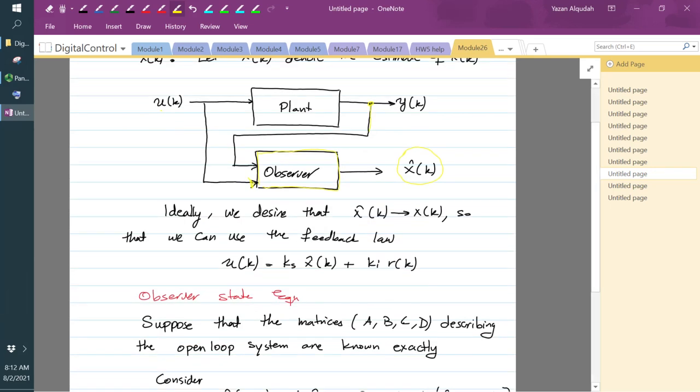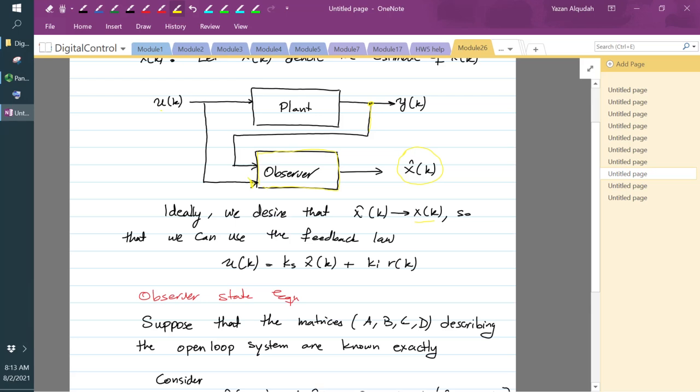Now, what we're going to do is estimate x of k. Ideally, we want x tilde of k, the estimate of x of k, to converge to x of k. Ideally, we want to estimate the state as accurately as possible.